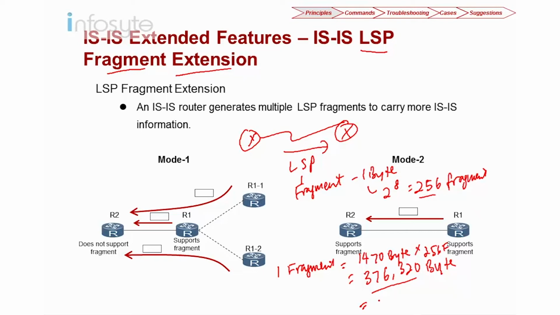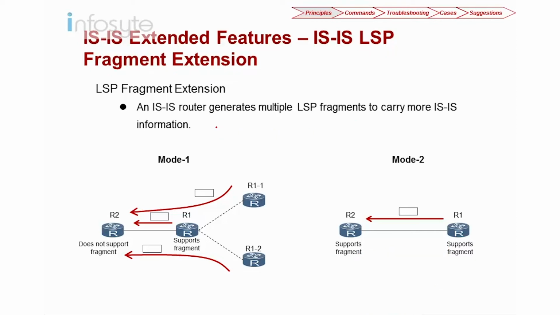If you translate that into the number of routes, it is roughly 42,000 routes that a single system ID can carry. Now in a very huge network, 42,000 may not be sufficient. Under such circumstances, which is quite rare, we can enable what we call fragment extension. What it does is use a simple method we call a virtual system.